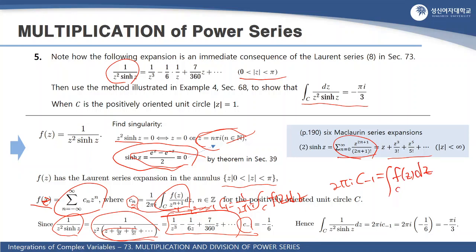Here, the problem asks what this value is. Because c sub negative 1 is equal to negative 1 over 6, multiplied by 2 pi i, we get negative pi i divided by 3, which is the result for this problem.